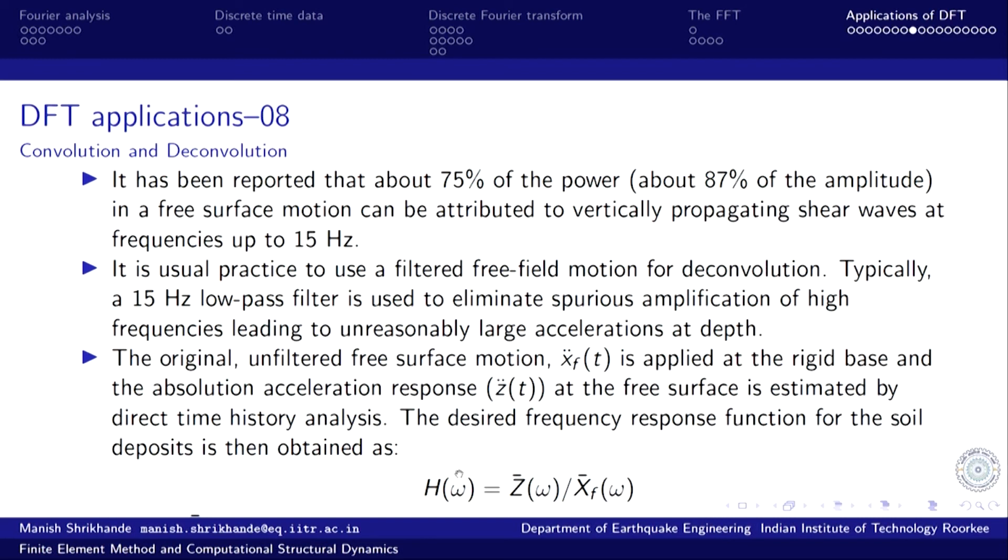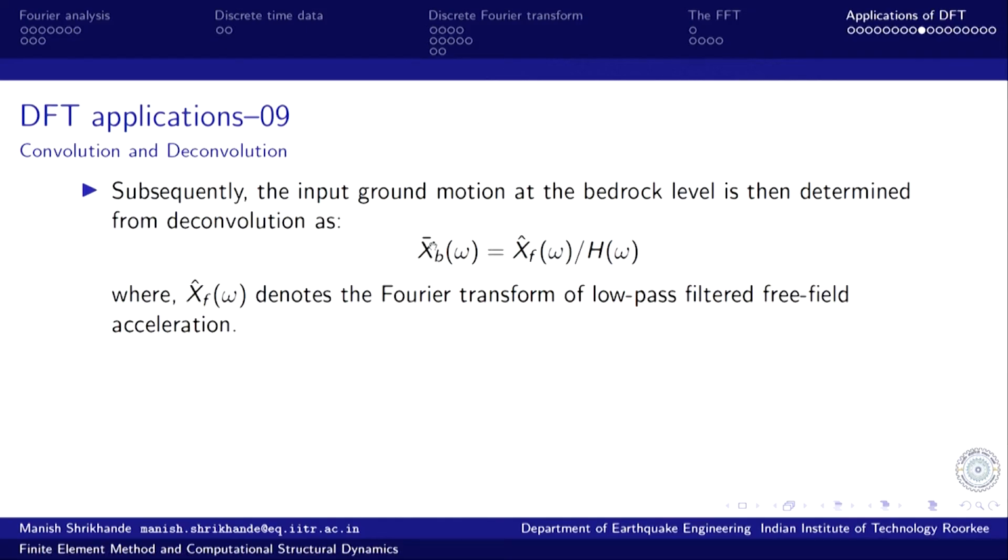Once we have this frequency response function, it can be used to deconvolve the free field surface motion. So, the Fourier transform of the base motion can be obtained as X b omega, that is the Fourier transform of the low pass filtered free field acceleration divided by H omega that we have just computed.